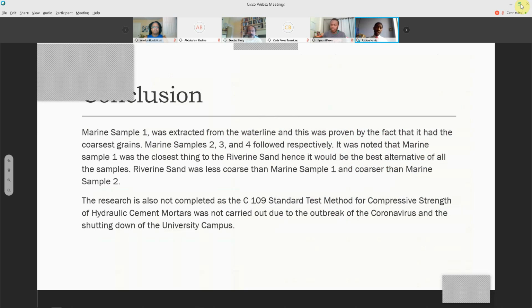Now, conclusion. Marine sample one was extracted from the waterline, so this is close to the water. This was proven by the fact that it had the coarsest grains. The example of the data that I showed you just now was from my marine sample number one. Marine sample number 2 and 3 followed respectively.